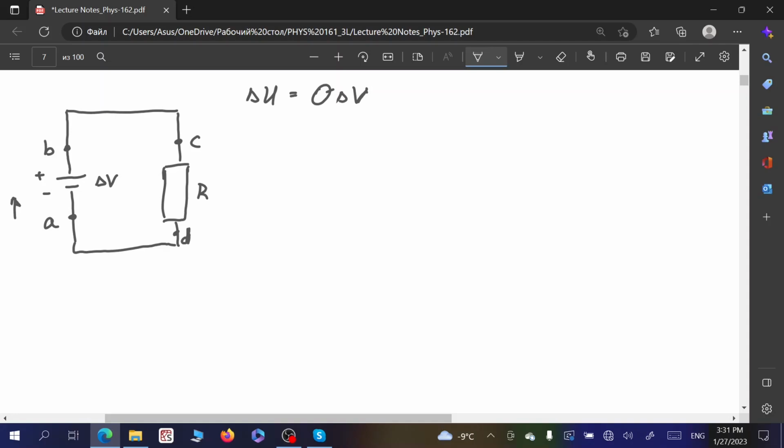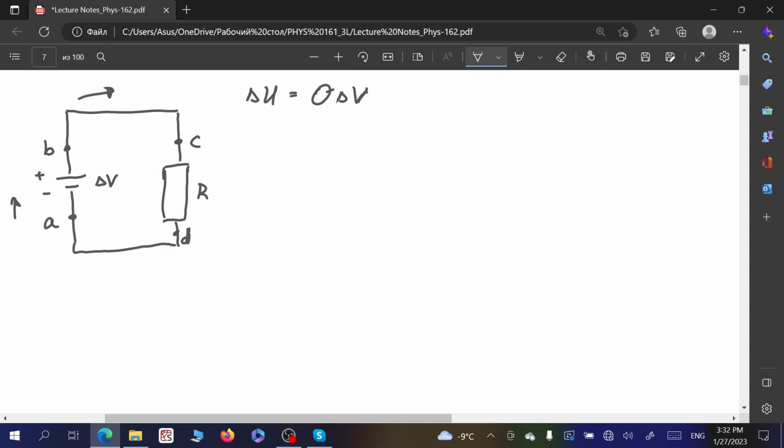And that is delta V, the potential difference at the terminals of the battery. So we let these charges move along the electric circuit, and when charges are moving through the resistor between points C and D, the energy which they obtain from the battery will be dissipated in this resistor.